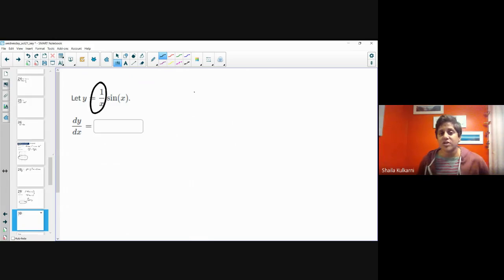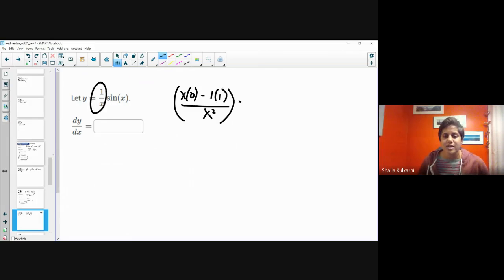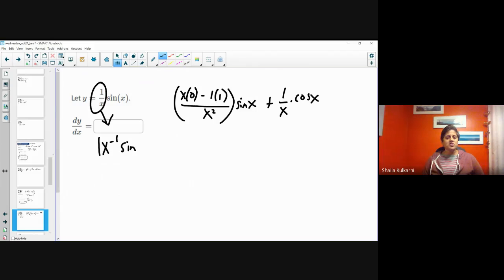The derivative using the quotient rule: low d high minus high d low, all over low squared. That's the derivative of the first function. Leave the second function the same, plus keep the first function the same, take the derivative of the second function. Completely, perfectly fine, right answer. If I didn't want to do it that way, I can rewrite this as 1x to the negative 1 sine x, so that when I take the derivative of this, I can use the power rule.